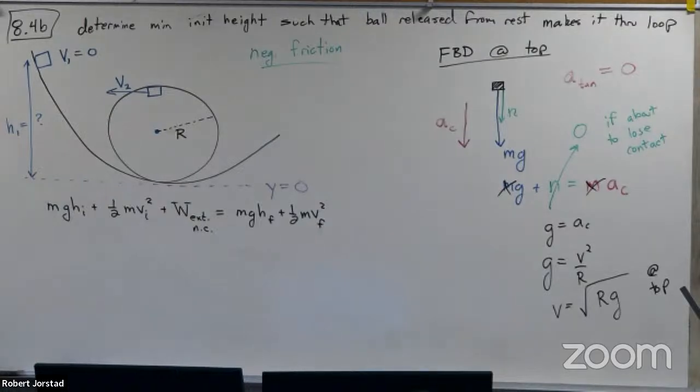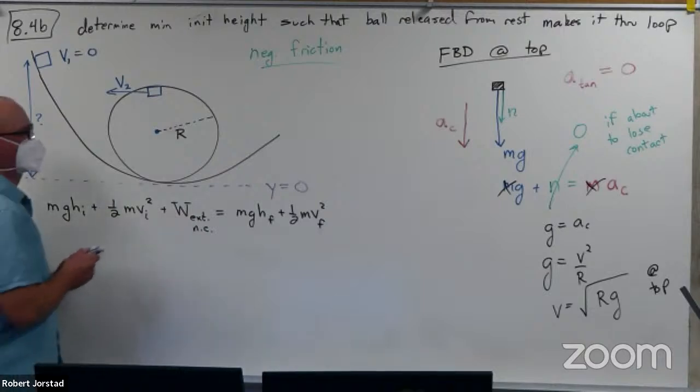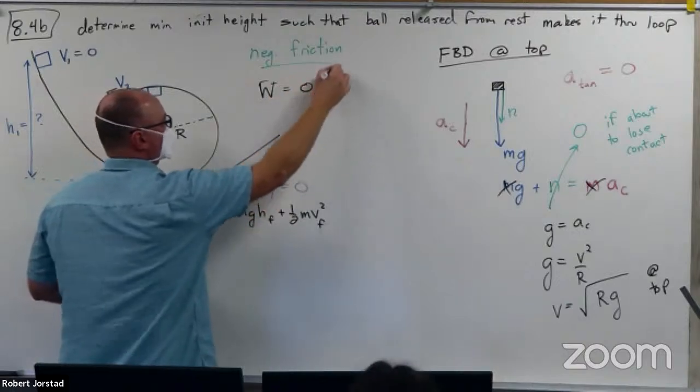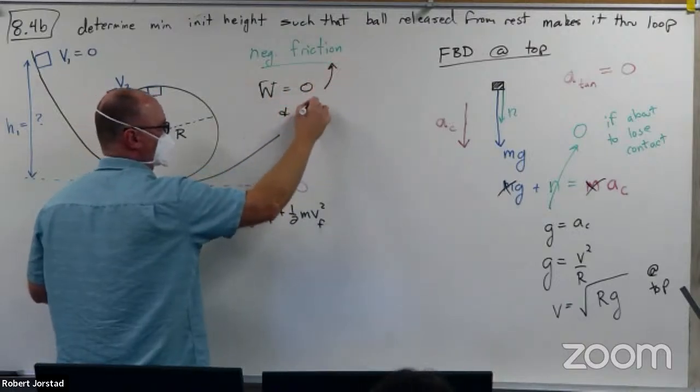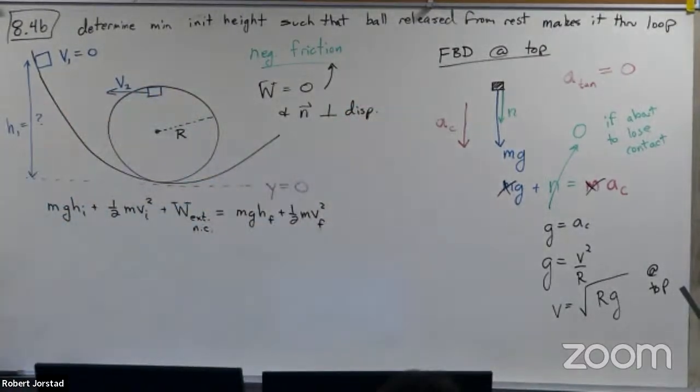Why am I not including springs? Springs are not relevant. There are no springs in the problem. In this problem, is it okay to set the work to 0? Why? There's no friction. Gravity's accounted for, and normal force is perpendicular to displacement, so zero.